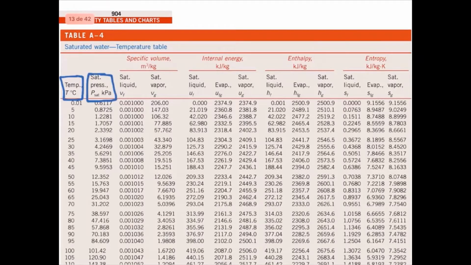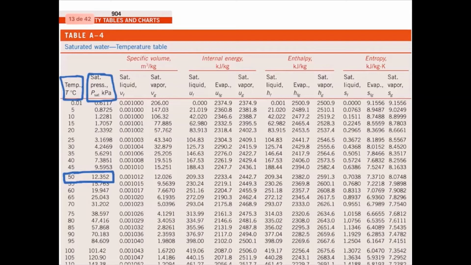For instance, if you have 50 degrees Celsius as a temperature, it will happen at a pressure of 12.35 kilopascals. And then you will have more information: the specific volume, internal energy, enthalpy, and entropy.